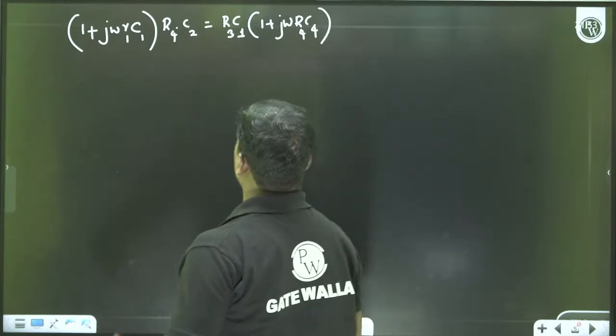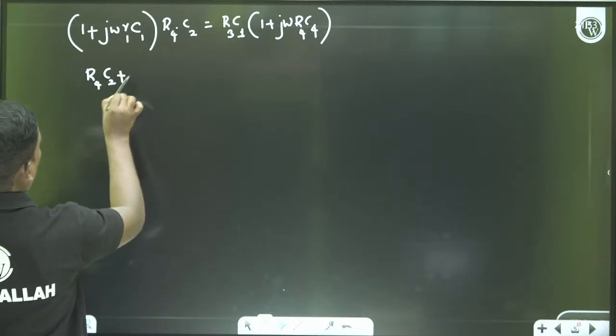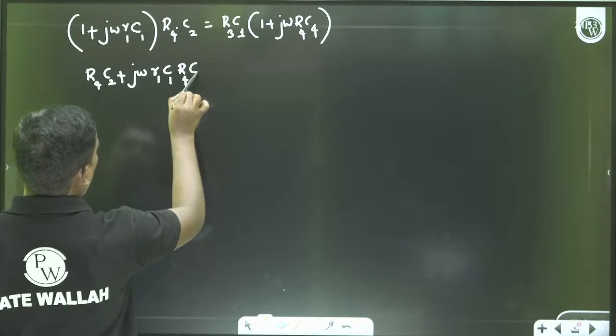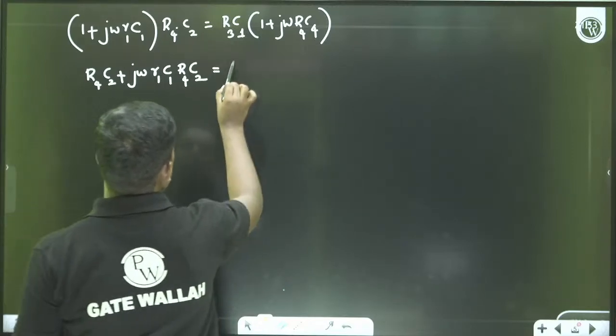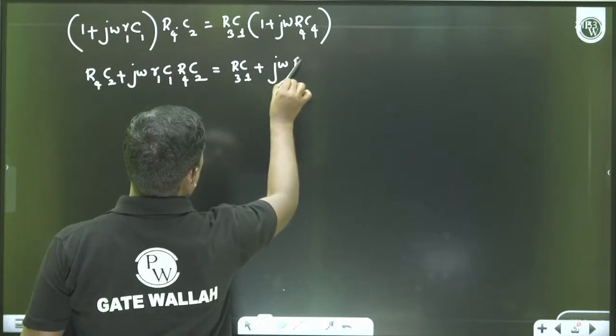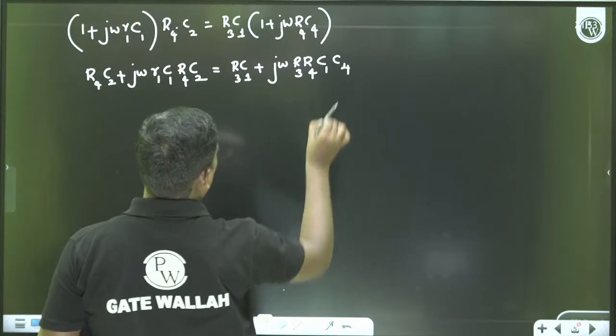Expanding: R4 C2 plus j omega R1 C1 R4 C2, equal to R3 C1 plus j omega R3 R4 C1 C4.